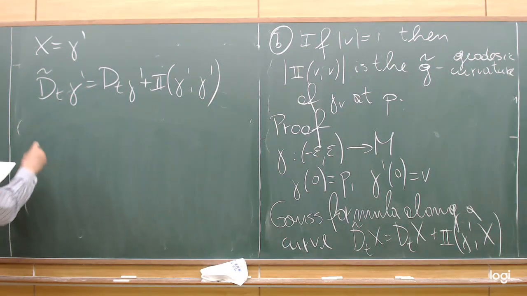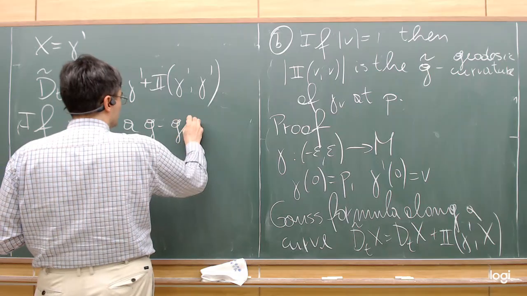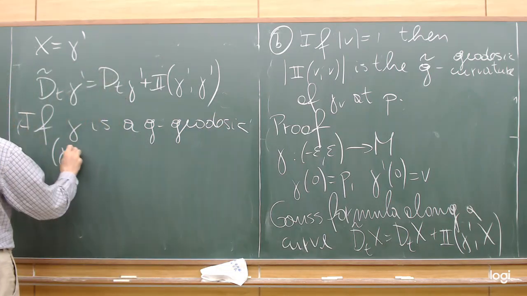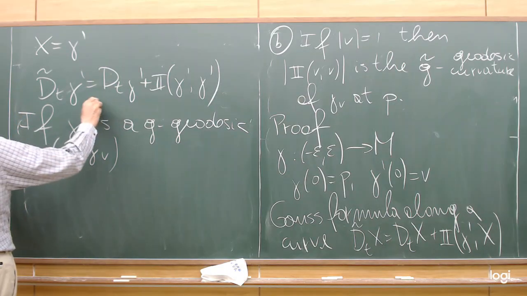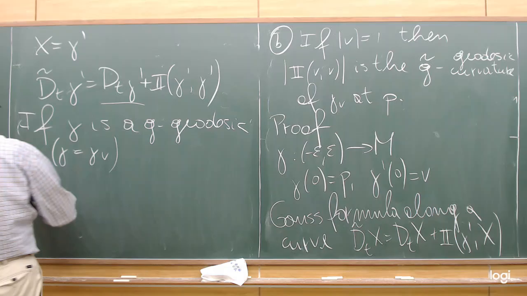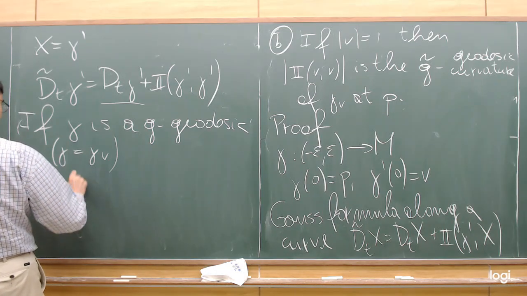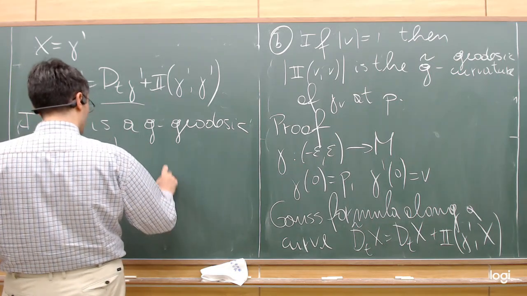Now if gamma is a G geodesic, that is gamma equal gamma V, then this is 0, and we get D tilde t gamma prime equal II gamma prime gamma prime.